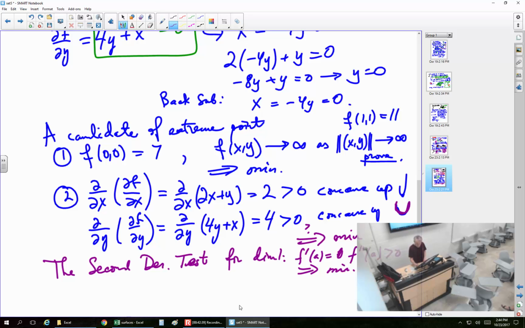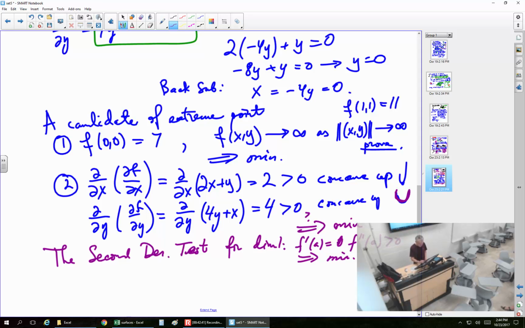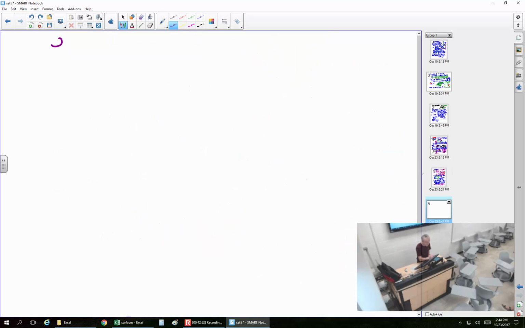Specifically, let me quickly apply the second derivative test. That works only one way. We could quickly apply it to f of x, y equals xy, the hyperbolic paraboloid.